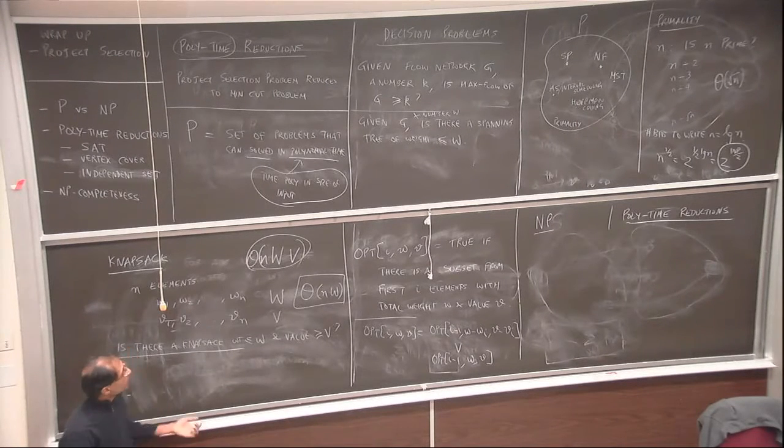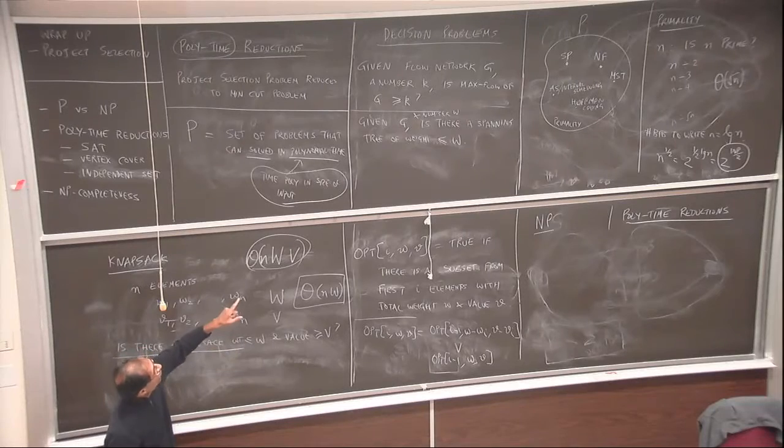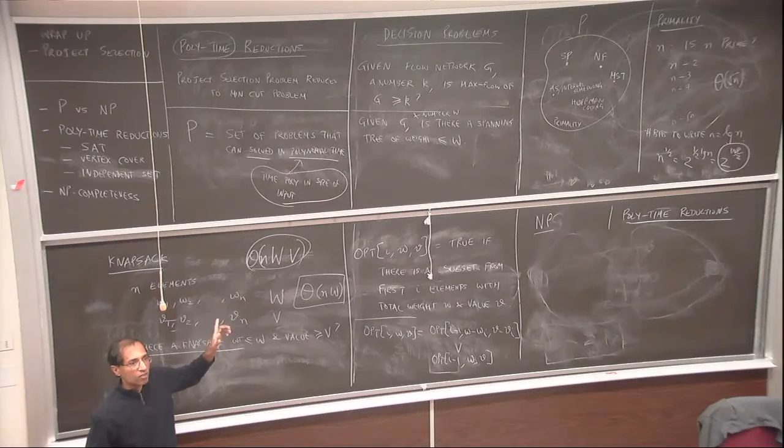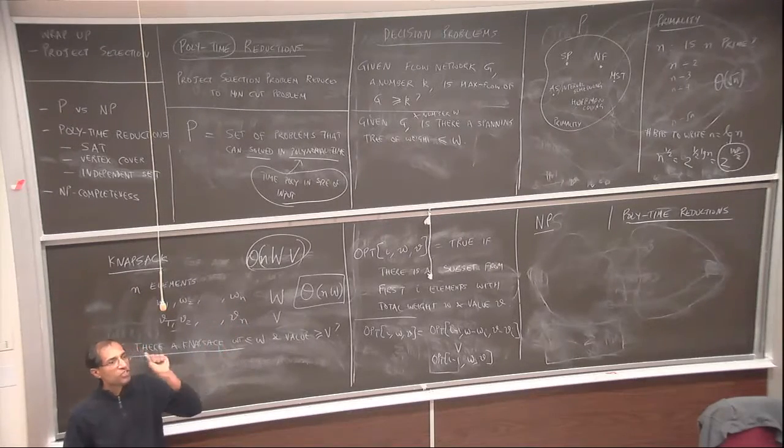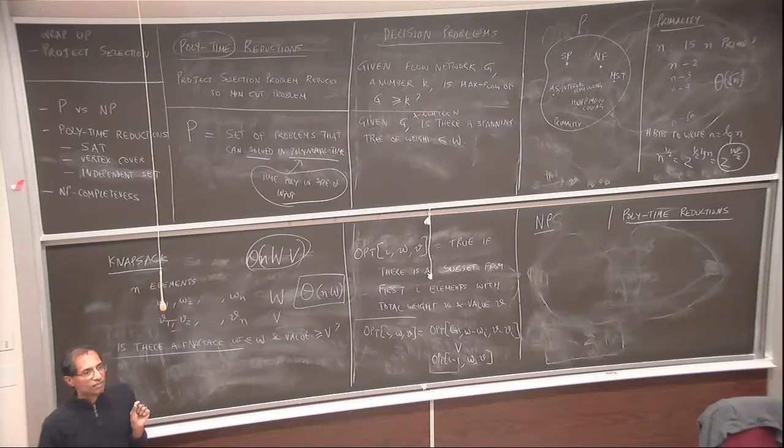That's one of the reasons why we formulate these problems as decision problems, because decision problems require you to output just one bit. Now, in order to output that one bit, you may have to go through all the n numbers. Then that will take exponential time, and that will justify that the problem is really hard.